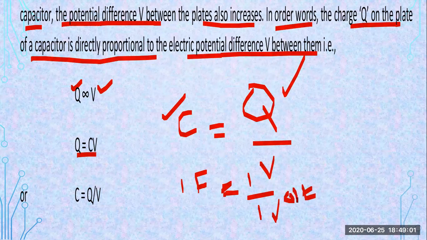This is 1 volt, and this is 1 coulomb of charge. If 1 coulomb of charge across the two plates produces a potential difference of 1 volt, then the capacitance of the capacitor will be 1 farad. On the other side, if the potential difference across the two plates of a parallel plate capacitor is 1 volt, and the charge stored on the plates is 1 coulomb, then its capacitance will be 1 farad.